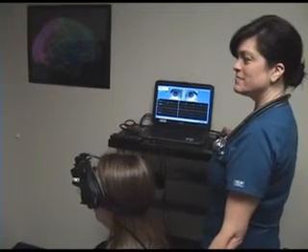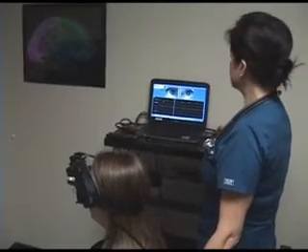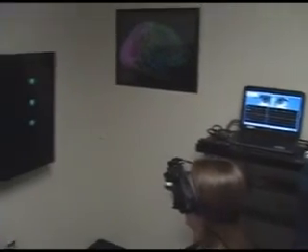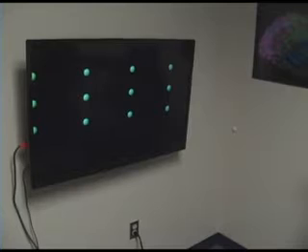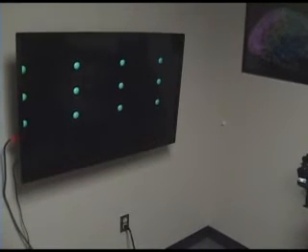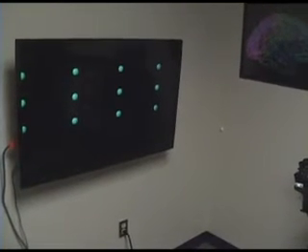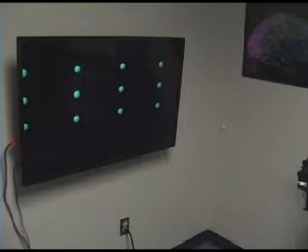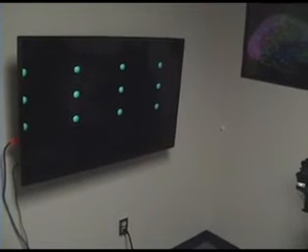Okay, and our last and final test is optokinetics, otherwise known as OPK, and essentially what's going to happen here is we're going to look at a visual surround. So basically these balls are going to move either to the right or to the left or up or down, and what will happen is the eyes of the patient will need to pursue them and then refixate back to the other.